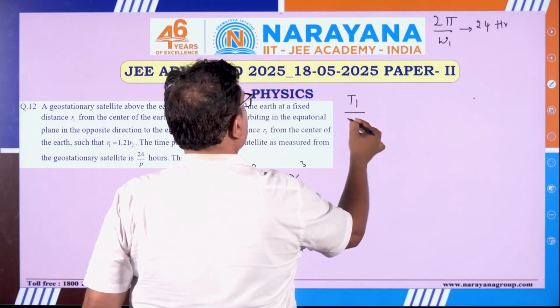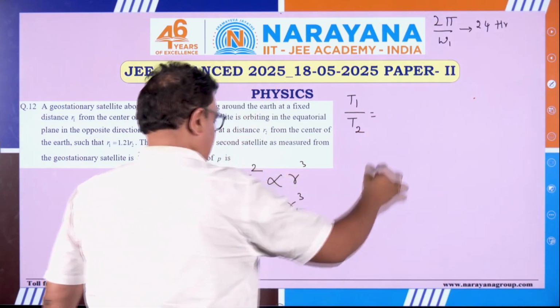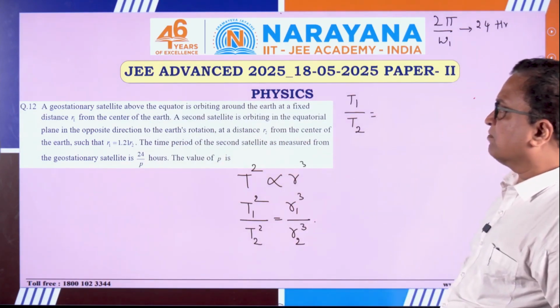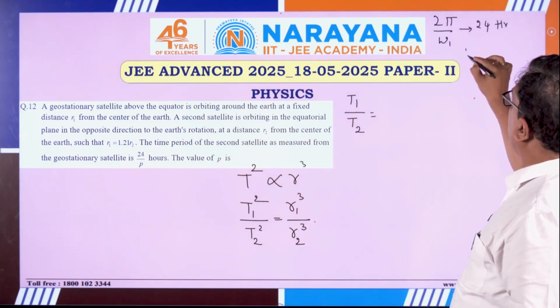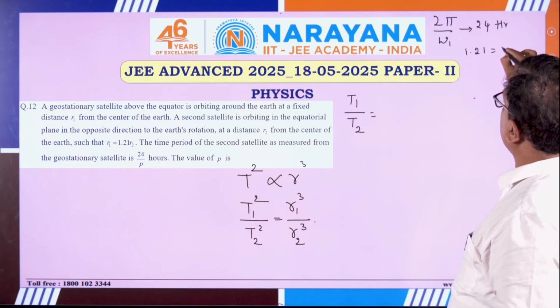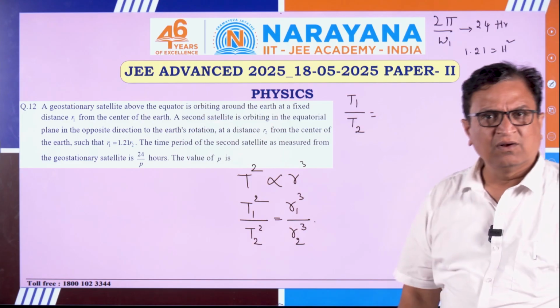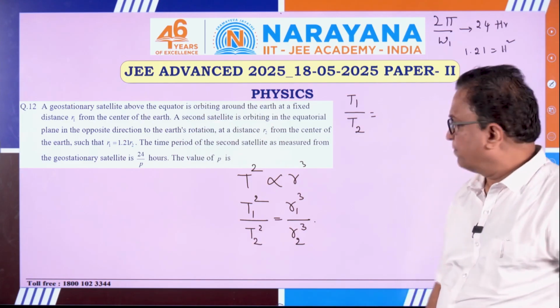T1 by T2 is given as, see, find that R1 by R2 is 1.21. 1.21 is nothing but 1.1 squared.